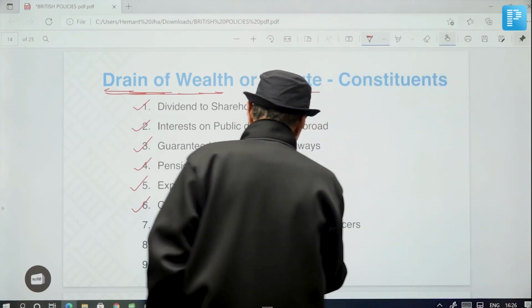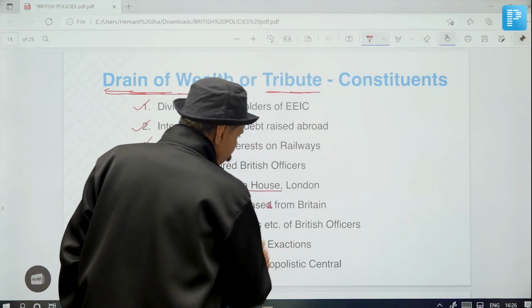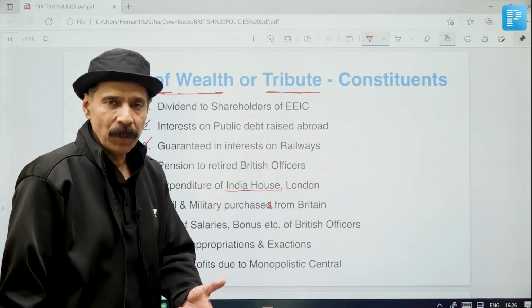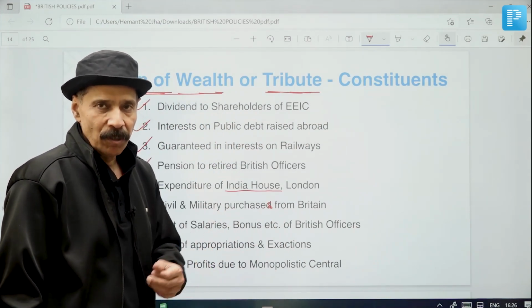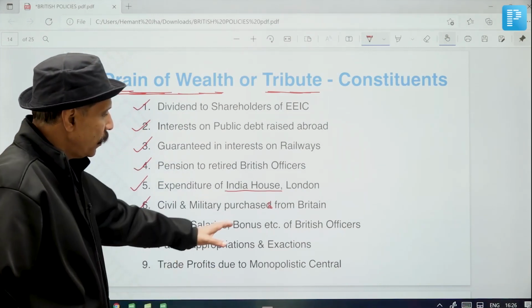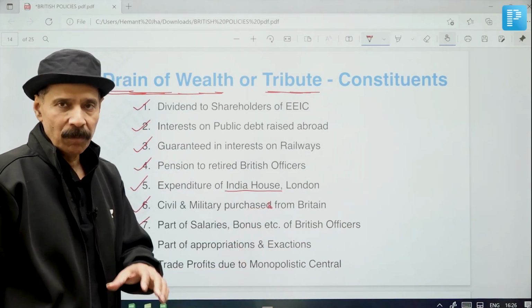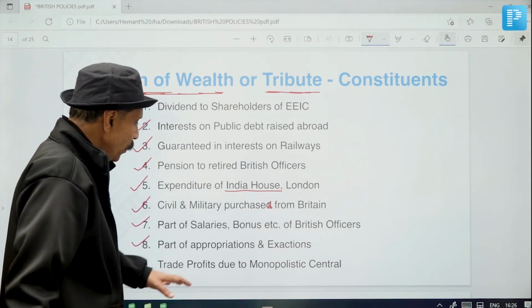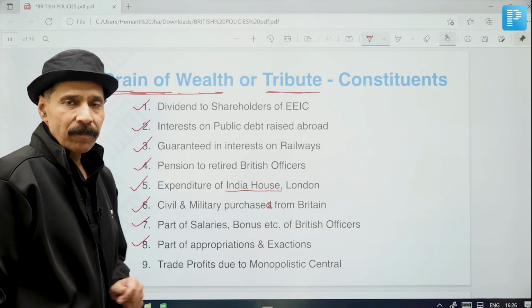And next, civil and military purchases. There should be purchases from Britain. It could be paper for official purpose. It could be arms and ammunition. Next, part of salaries, bonus, etc. of British officers who served in India. Next one is part of appropriations and exactions.